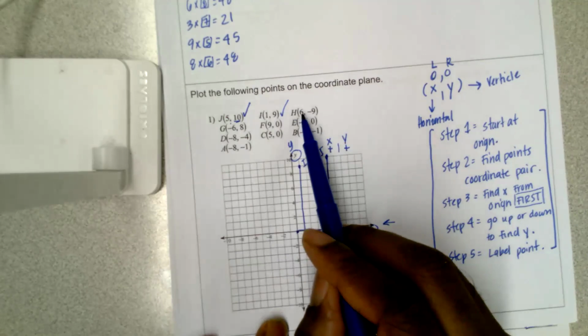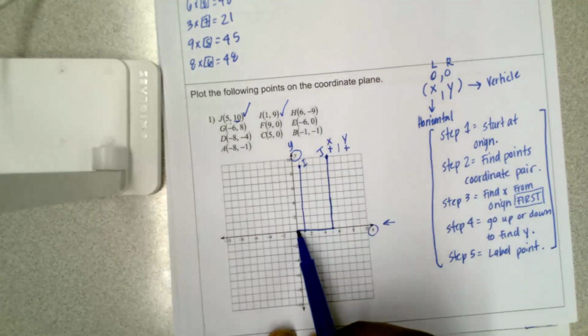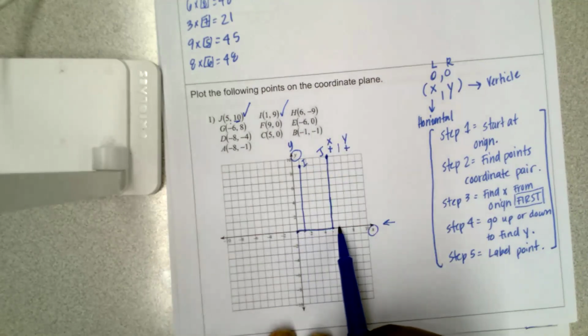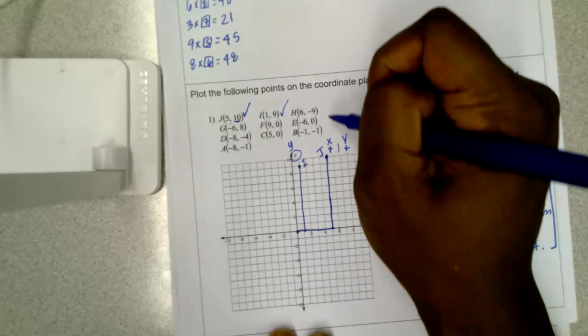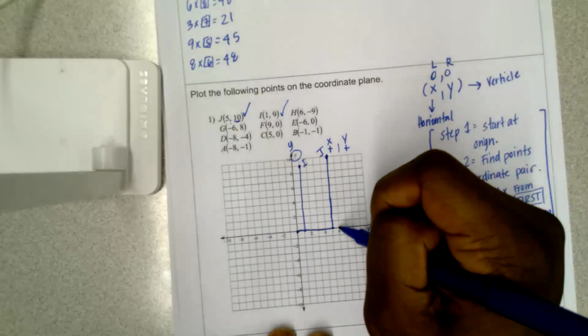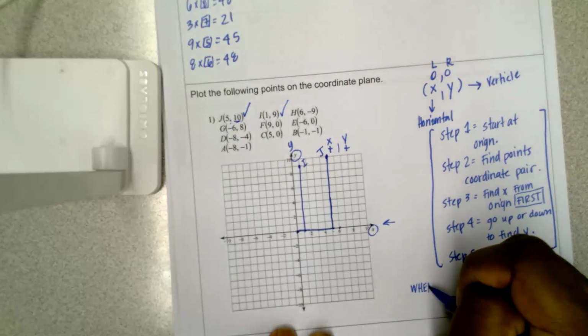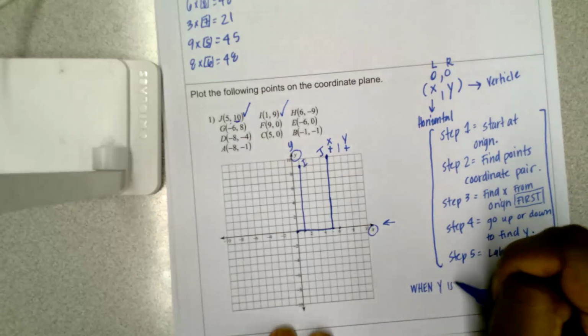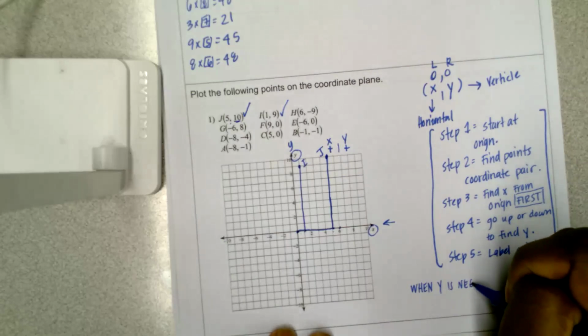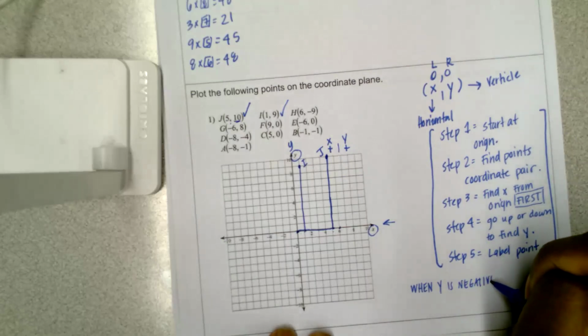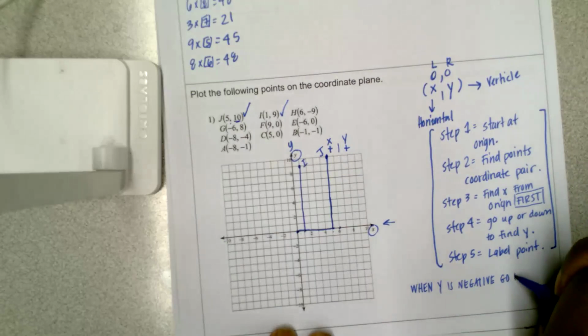Now here's H. Start at origin, positive 6, negative 9. So when Y is negative, you go down.